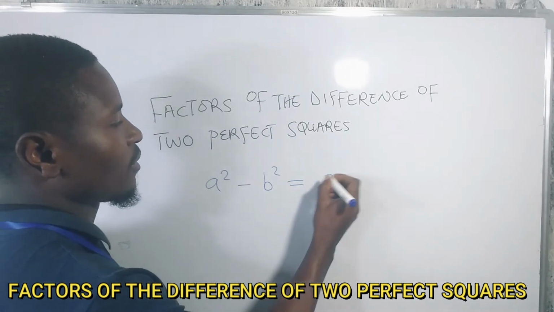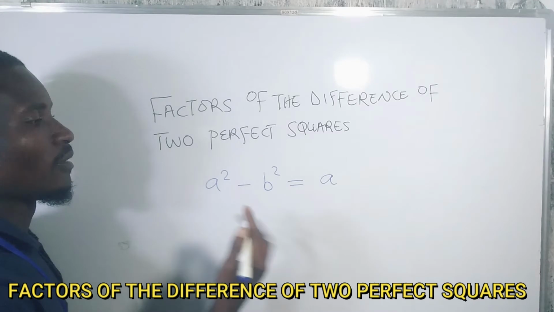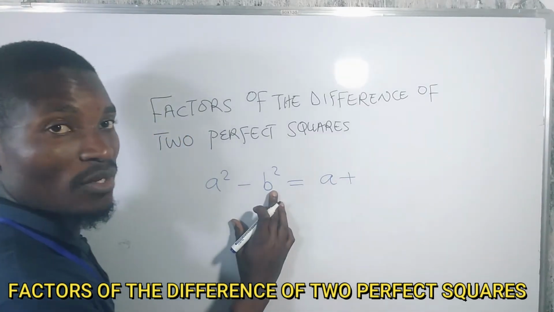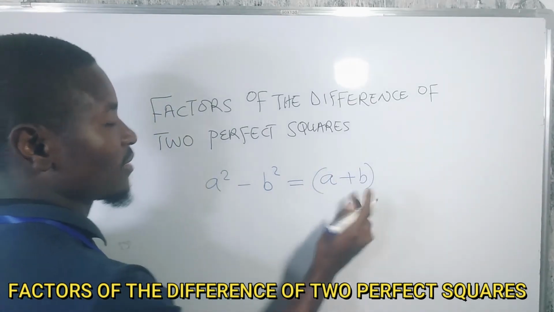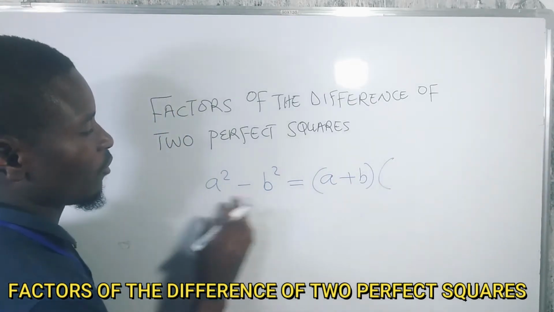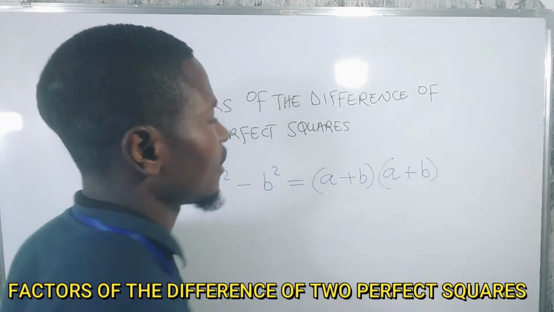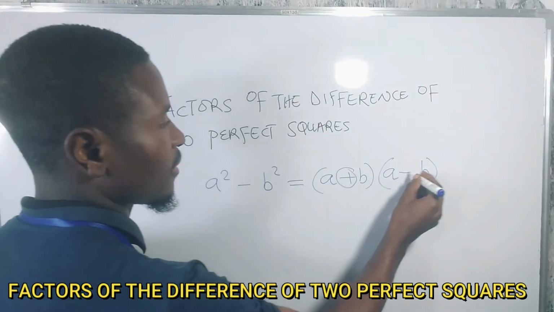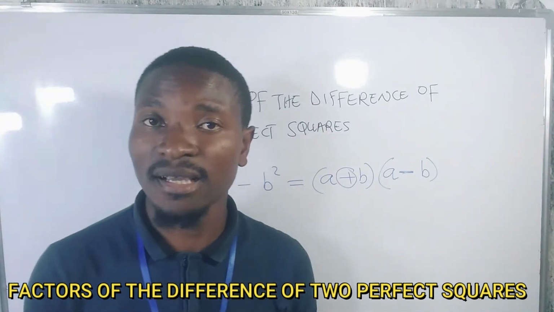So if I take a, I remain with a, and then I put a plus, then I get b, put in brackets. Then I also get a, which remains, minus b. So here is the plus, and there is the minus.